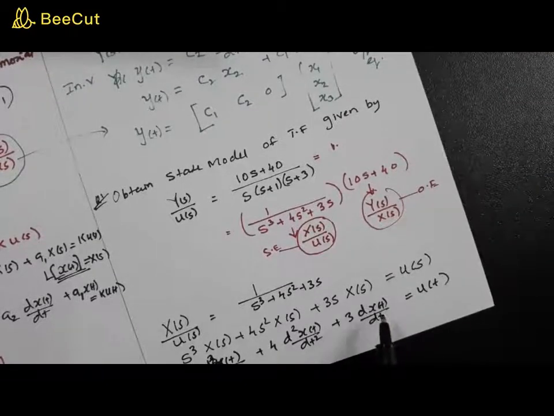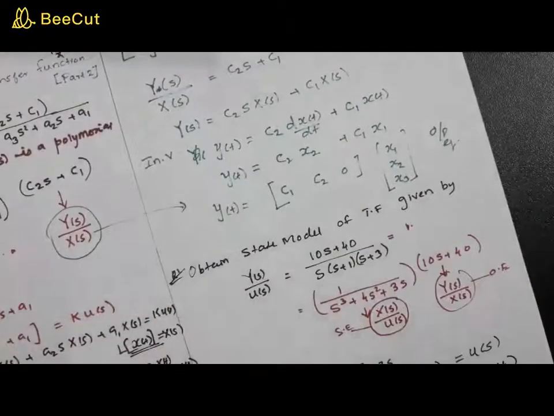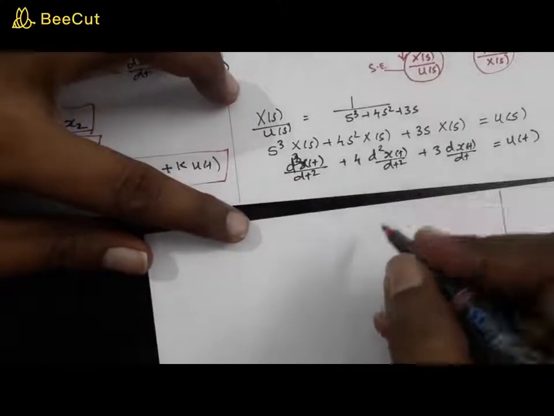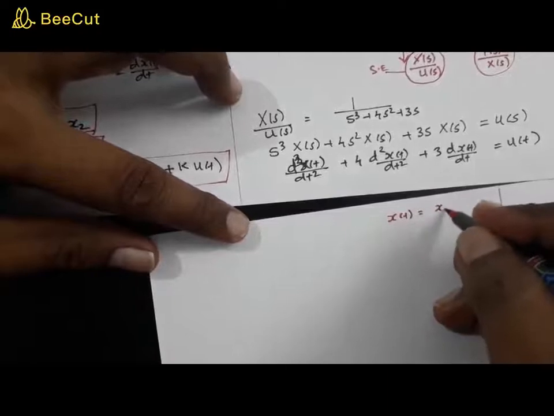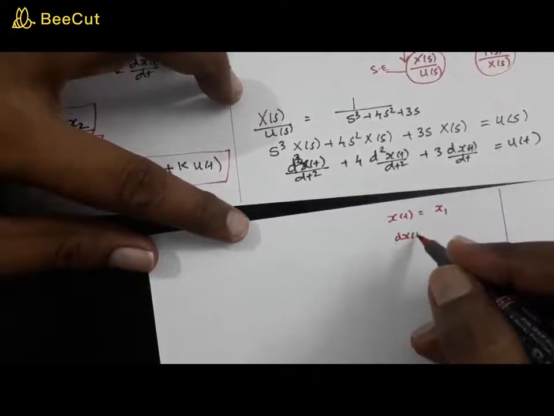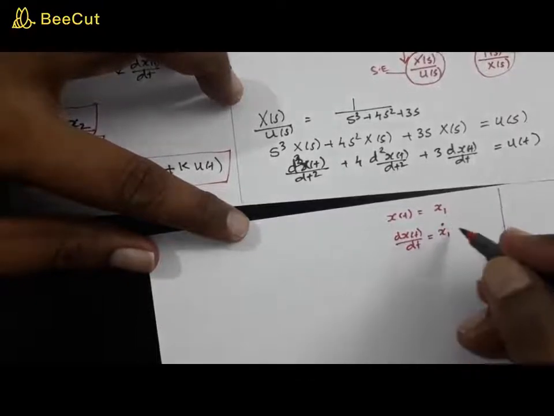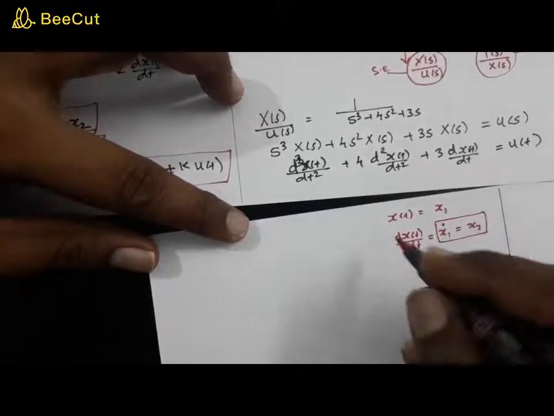So assume x(t) to be your first state variable x1. Then dx(t) by dt, that is x1 dot, is equal to x2. This is the first state equation.